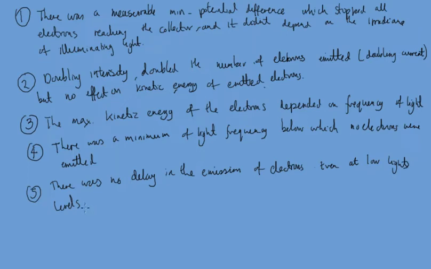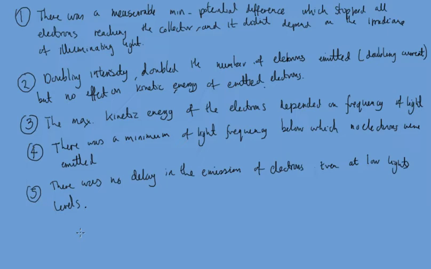So if the frequency of light was sufficient for electrons to be emitted, even at very low light levels, you were still getting a current. It didn't matter about the intensity. What mattered was the frequency. Now Lenard couldn't explain these anomalies. He published his paper in 1905 and won the Nobel Prize for it because this was quite groundbreaking work, even though he couldn't explain it.